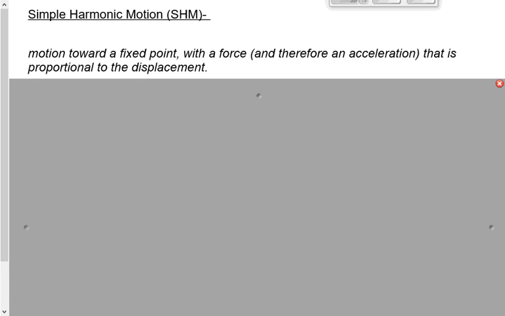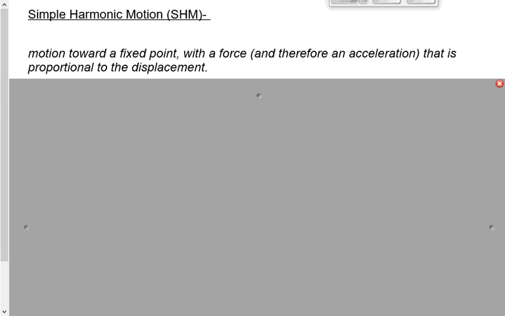Simple harmonic motion is motion toward a fixed point, whatever that means, with a force, and therefore acceleration, that is proportional to the displacement. So you read that, you write that, you probably don't have any better understanding of simple harmonic motion than you did 5 minutes ago.